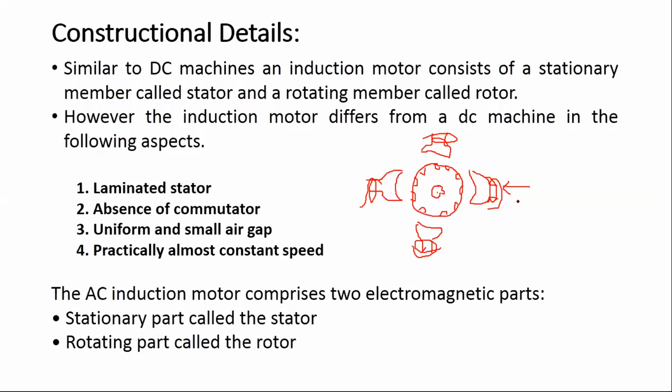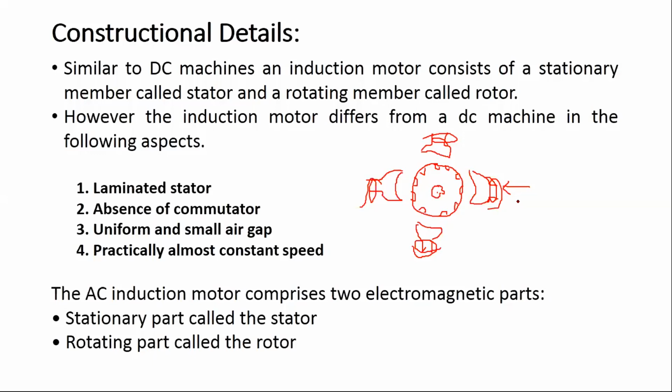Now in induction motors, we make use of a laminated stator because of the way the winding is put on the stator. The winding on the stator can be the armature winding, or it can be the field winding also, depending upon which kind of AC machine we are using, right?